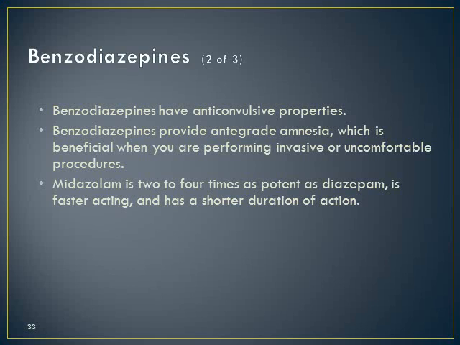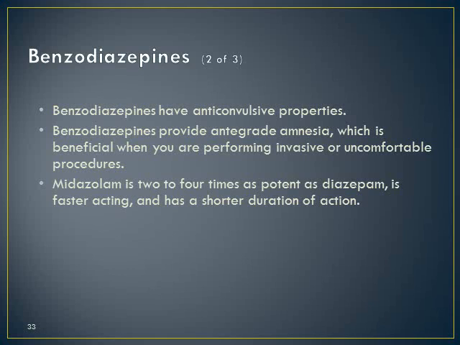As we all know, they have anticonvulsant properties. They provide antegrade amnesia. Specifically, Versed. Valium doesn't work quite as well, but they will provide amnesia of everything surrounding the time, not just from the point you push it, but from a little bit before you push the medication. You will get an amnesic effect that takes place.